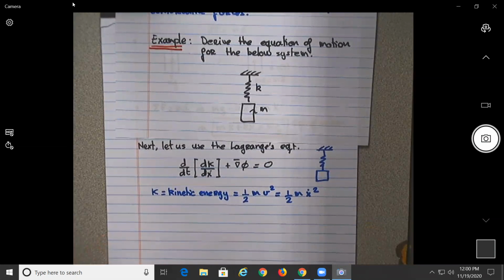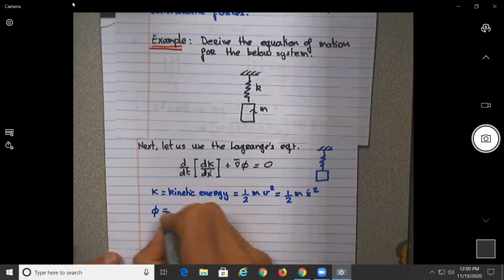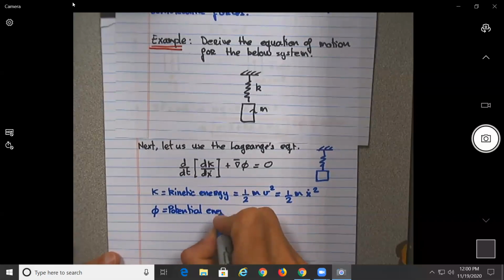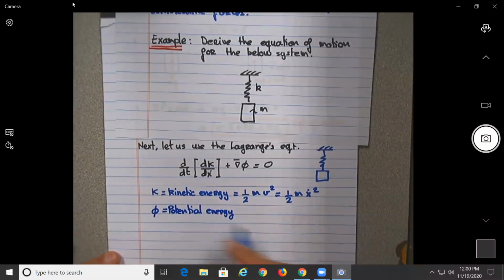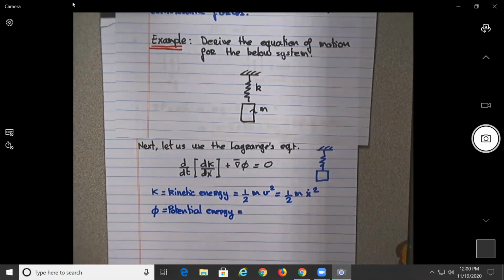Okay, and in this case, I know I don't like to call it that way, but let's call phi our potential function, potential energy. That's what they call it, energy. What are we going to have?